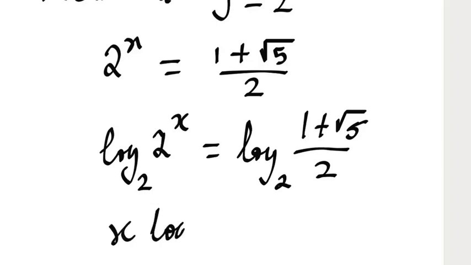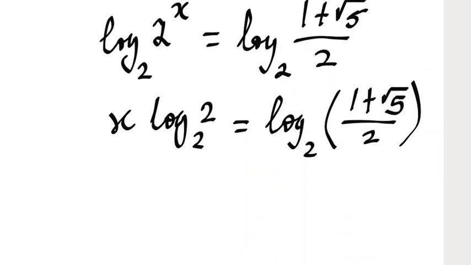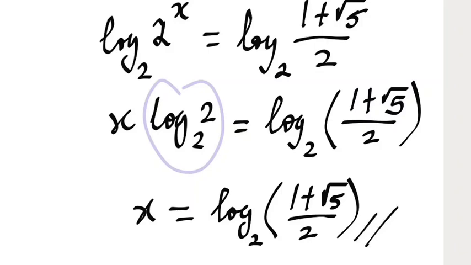We have x log 2 base 2, then equals log base 2 of 1 plus root 5 divided by 2. So that's what you're going to have. Then this one here, log 2 base 2, we turn to 1 from the law of indices. We're going to have x equals log base 2 of 1 plus root 5 over 2. So now this is our solution.